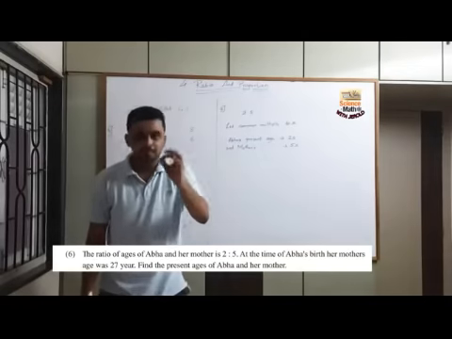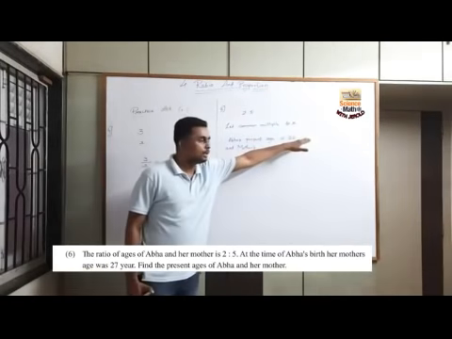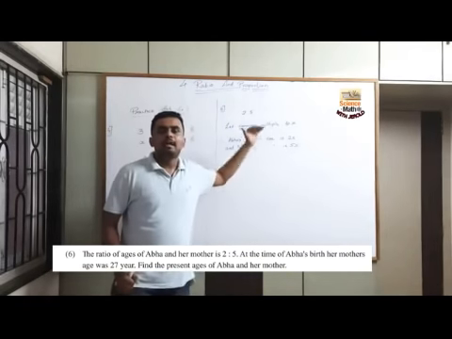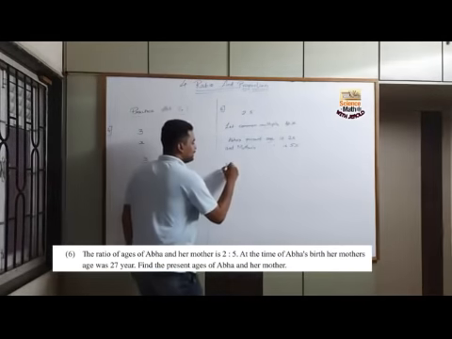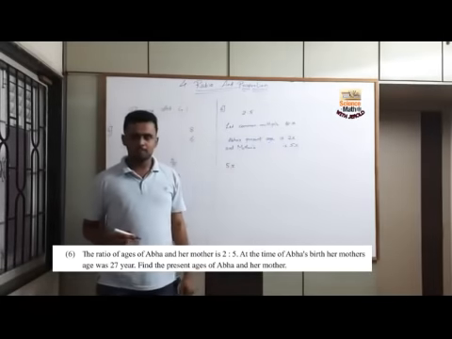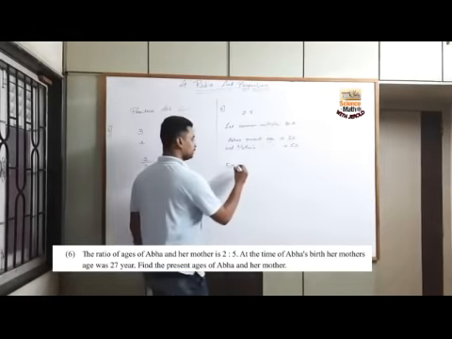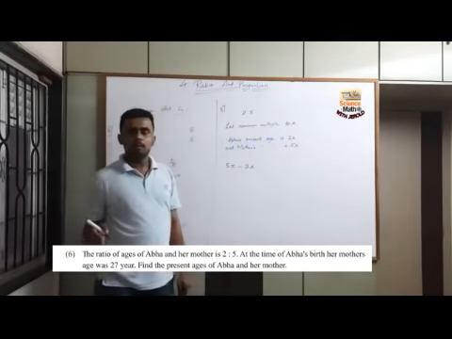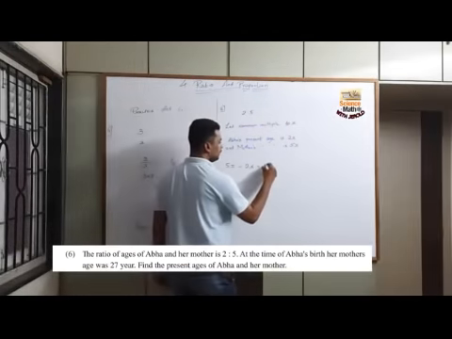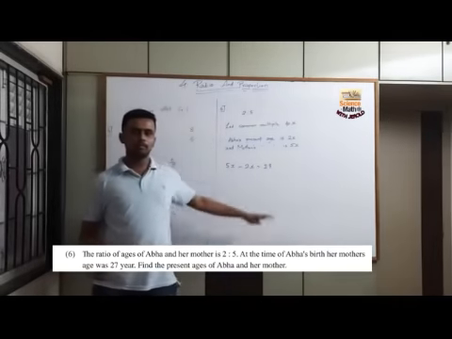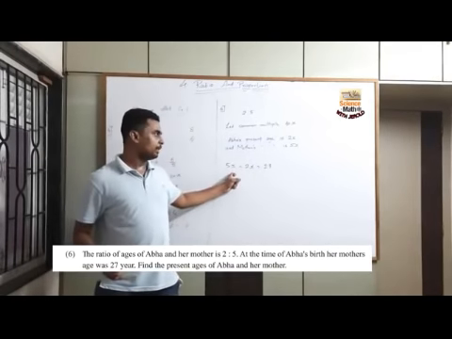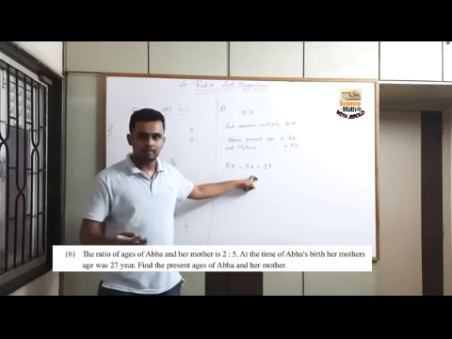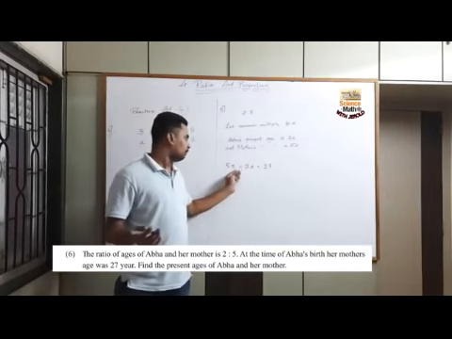At the time of Abha's birth, her mother was 27 years old. So at the time of her birth, the present age of mother minus Abha's age was 27.